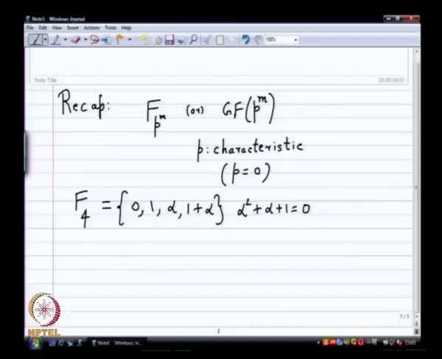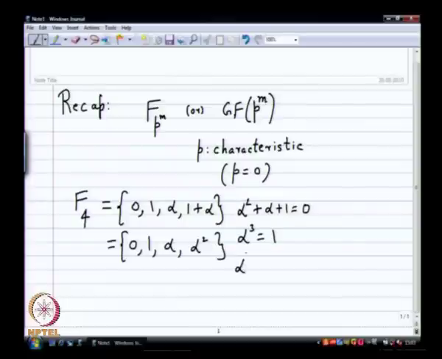With this, you can also show that this field can be written as 0, 1, alpha, alpha squared, where alpha power 3 is 1, or say alpha squared is alpha plus 1. All these things are equivalent ways of describing this field.